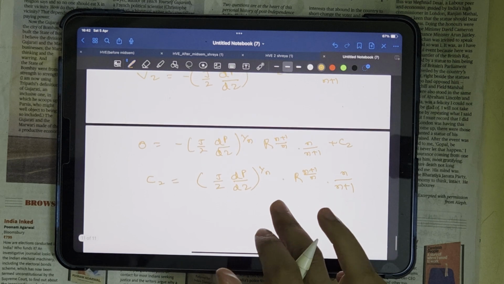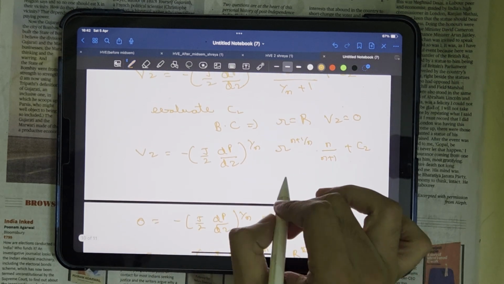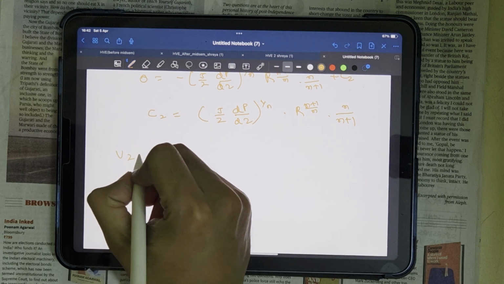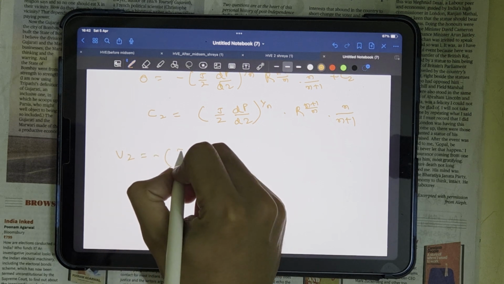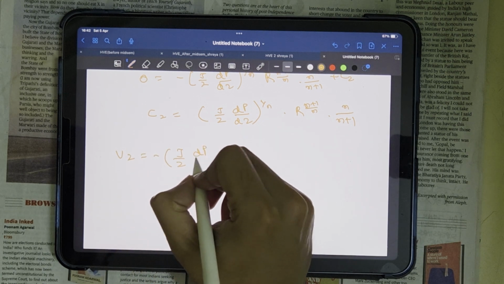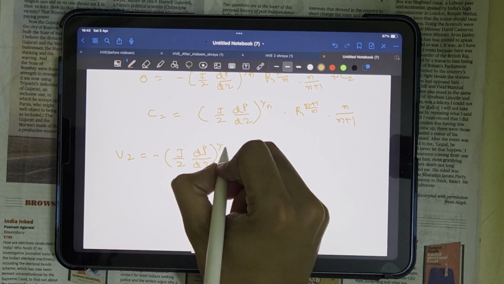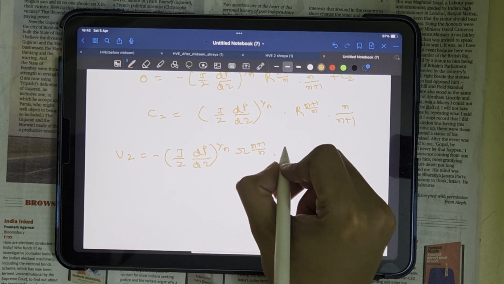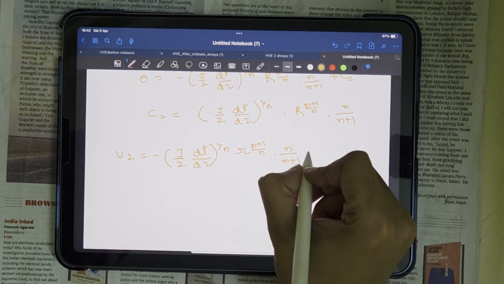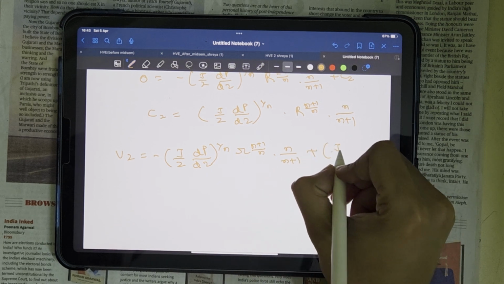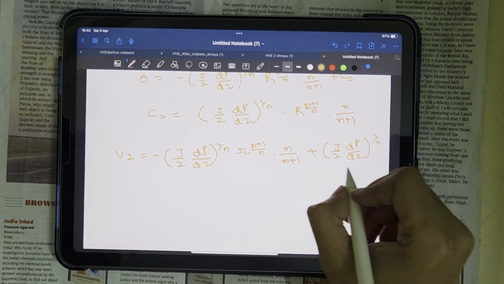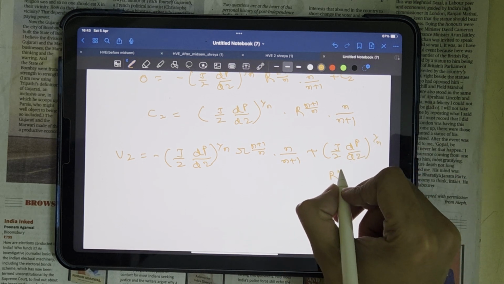So we will get Vz is equal to minus (J/2 dP/dz)^(1/n) (1/n) r^((n+1)/n) times n/(n+1) plus (J/2 dP/dz)^(1/n) multiplied by R^((n+1)/n) times (1/n) times n/(n+1).